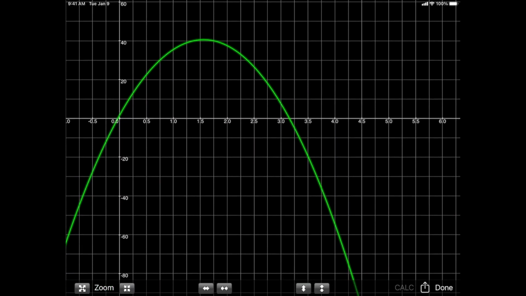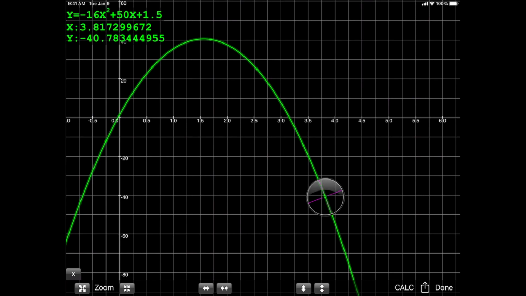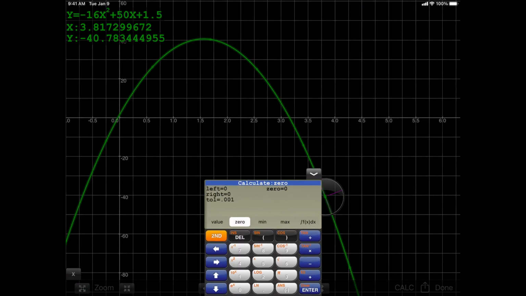Okay, there's my graph. What we said was look for the word calculate. On mine, I had to touch the graph, and calc is on the bottom. Okay, so it says left bound, and I'm going to focus on the one that is between 3 and 3.5.